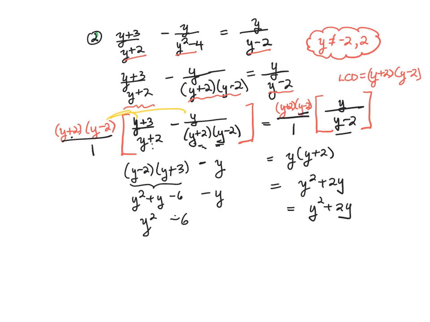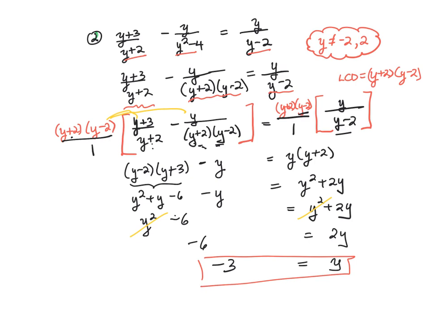Notice that we could subtract the y squared on each side and they disappear. And we get negative 6 equals 2y and y equals negative 3. And that would be our solution set as long as we didn't get negative 2 or 2, which are the restrictions that we discussed last time.